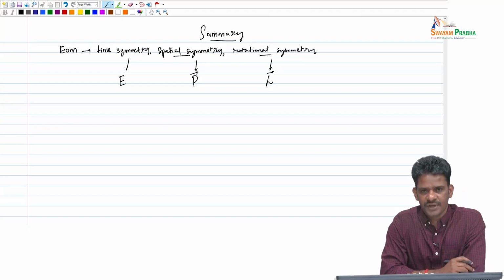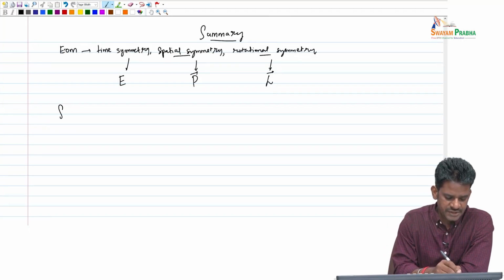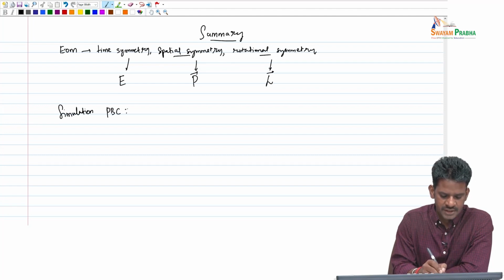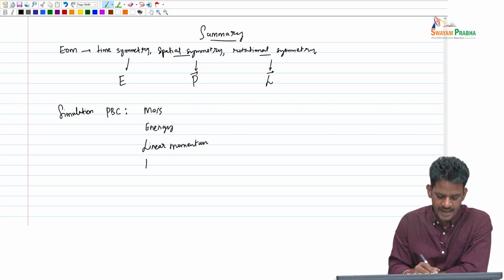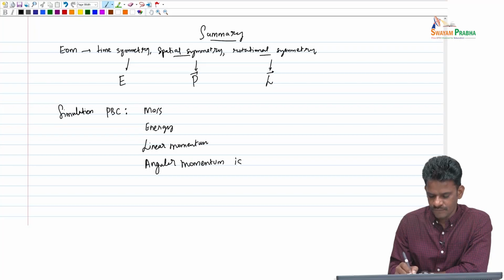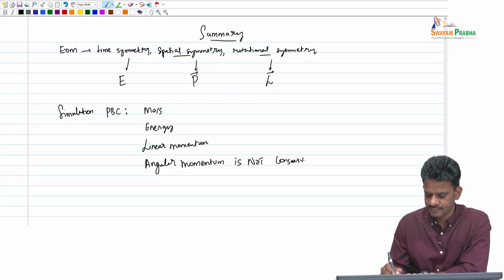Now in simulations with periodic boundary conditions, what are the things that are conserved? Mass is conserved, energy is conserved, even linear momentum is also conserved, but the angular momentum is not conserved. That's because of the periodic boundary conditions.